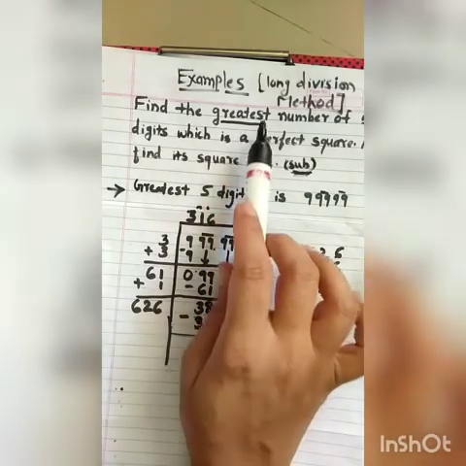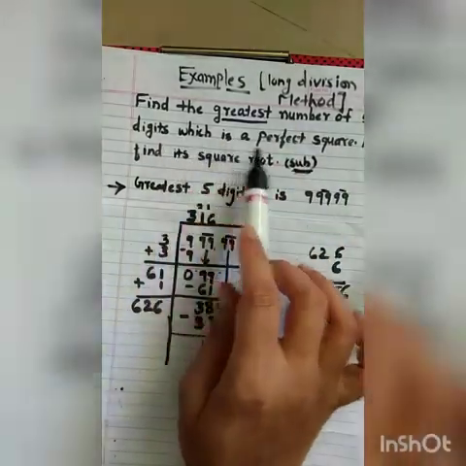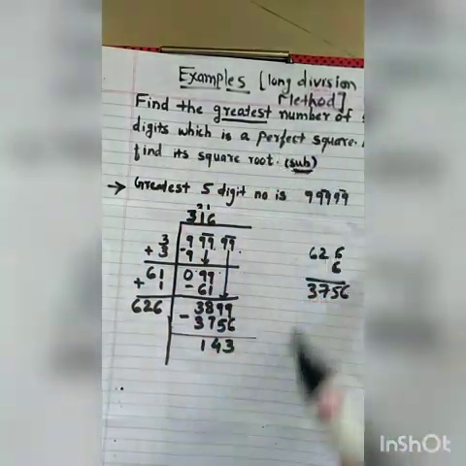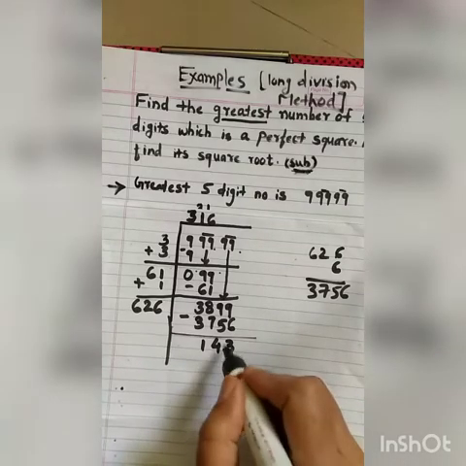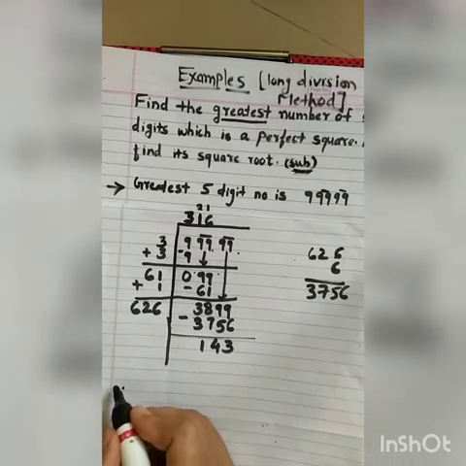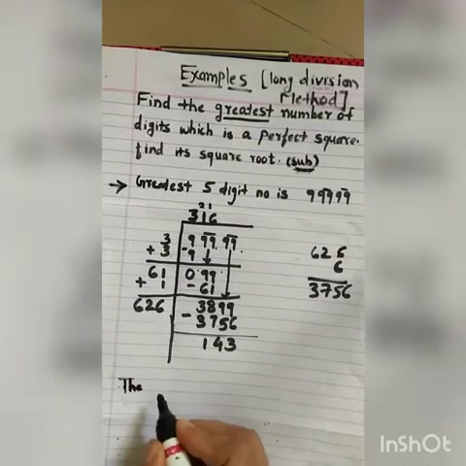We have to find out the greatest 5-digit number which is a perfect square. For a perfect square of a 5-digit number, we have to subtract this 143 and we will get the required number.